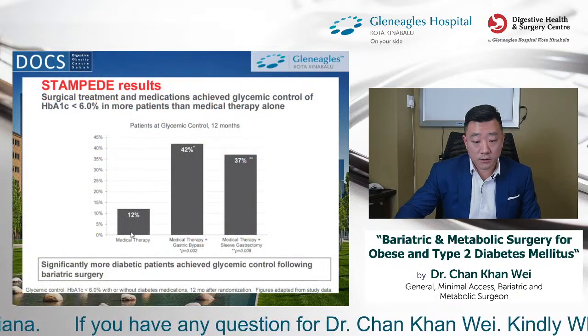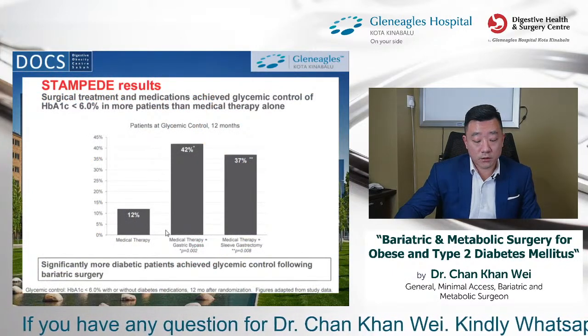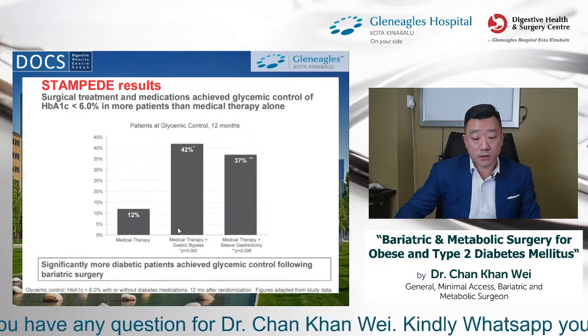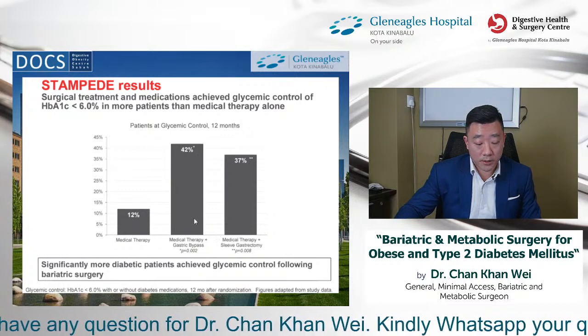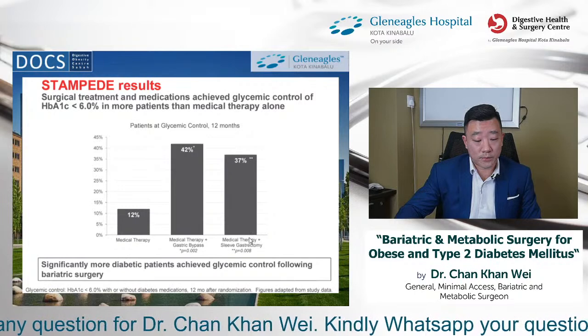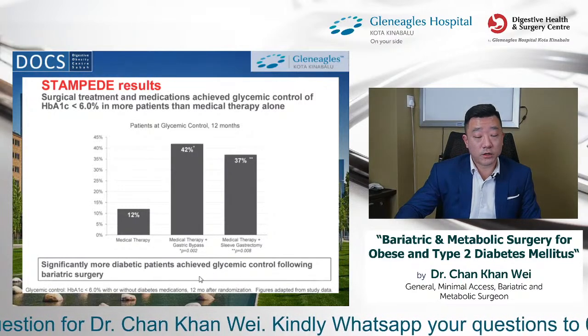So in the first year, they found out that they achieved only 12% of this in the best medical therapy, and up to 42% in the gastric bypass group, and 37% in the sleeve gastrectomy group. And this shows significantly more diabetic patients achieve glycemic control following bariatric surgery.